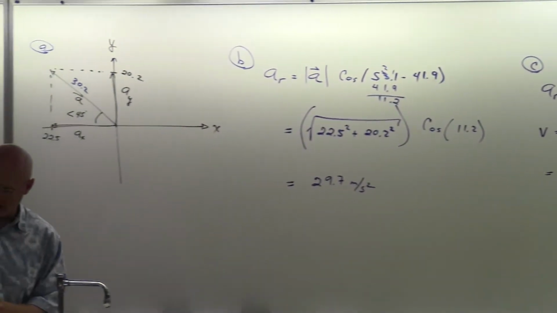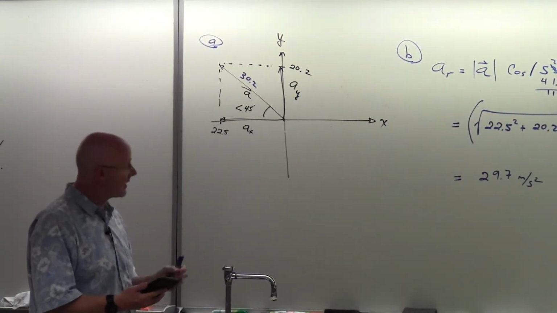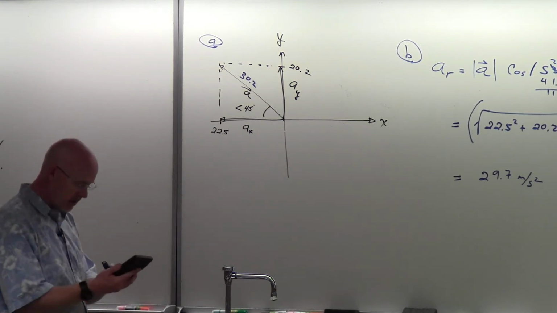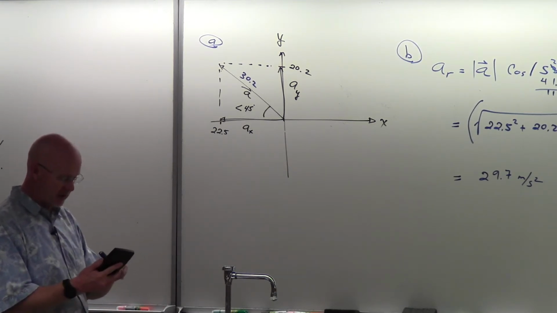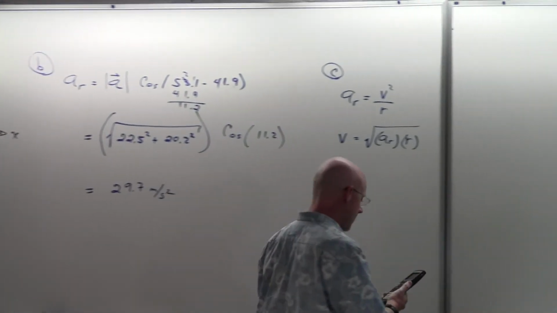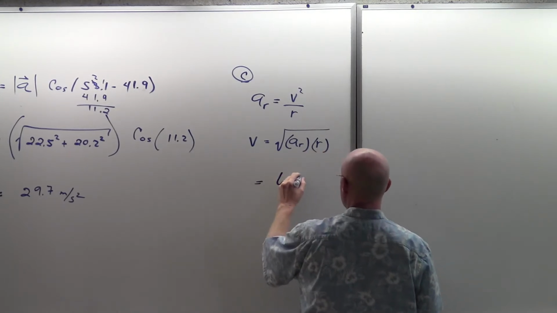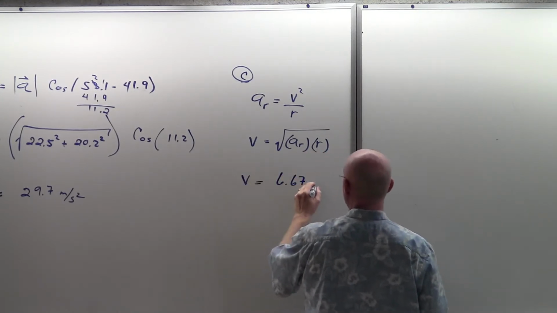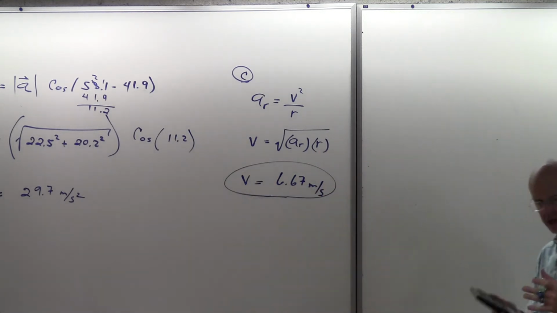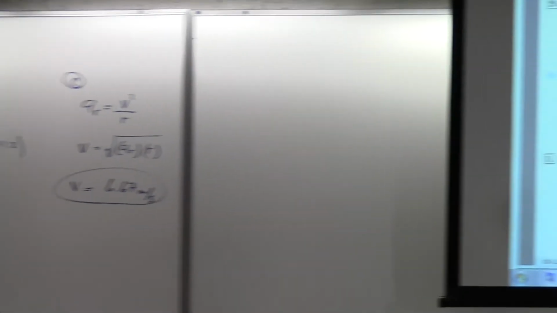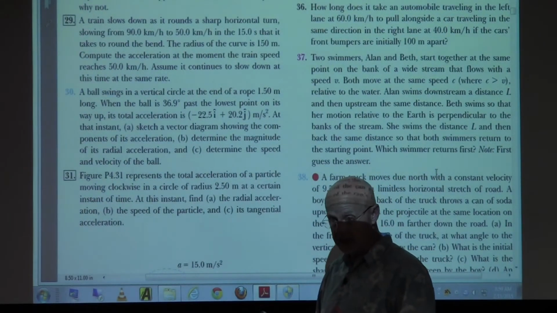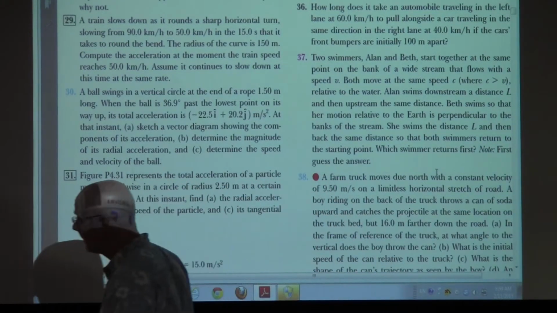I'm going to take that 29.7, multiply by the radius, which we said at the very beginning was 1.5, then take the square root of all of that and get a speed of 6.67 meters per second. And there's half of the answer to C. That's the speed part of it. They went a little further to say velocity, so they want direction in here.